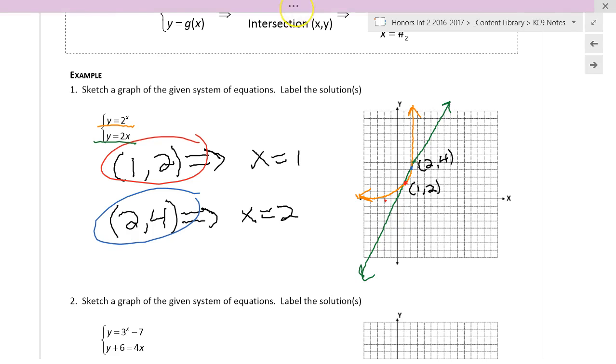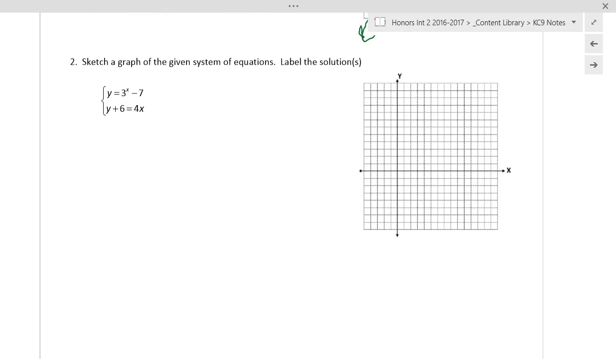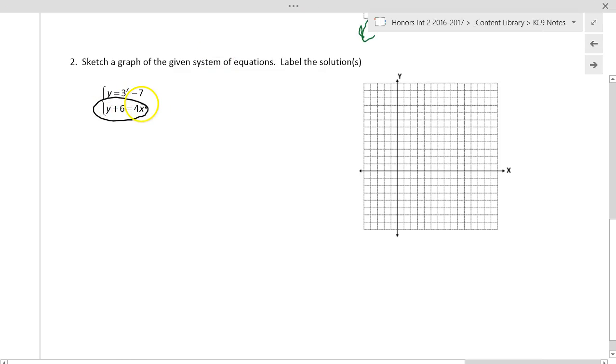Alright, looking at the second one, a slight difference. If we look at this system, I have y equals 3 to the x minus 7, and then I have y plus 6 equals 4x. It's easy enough when they're both equal to y, but the second equation is not equal to y.